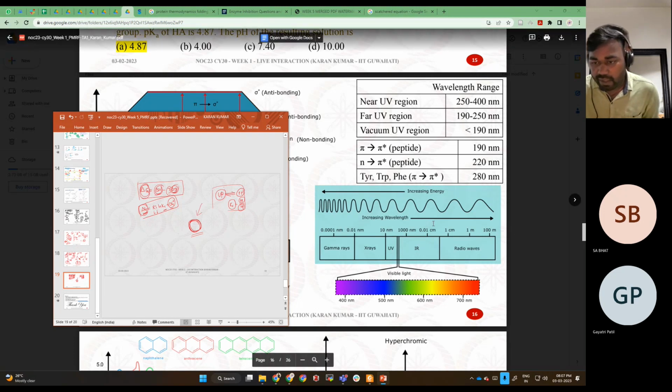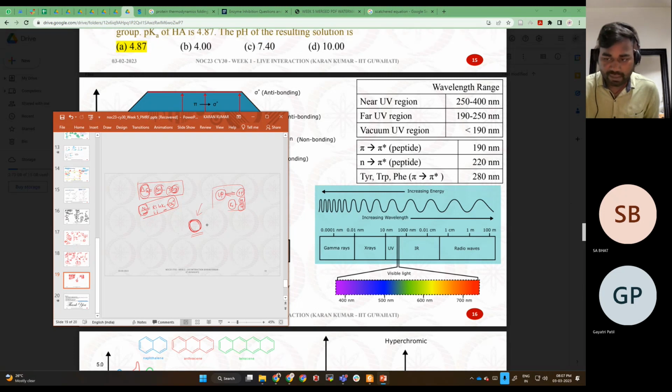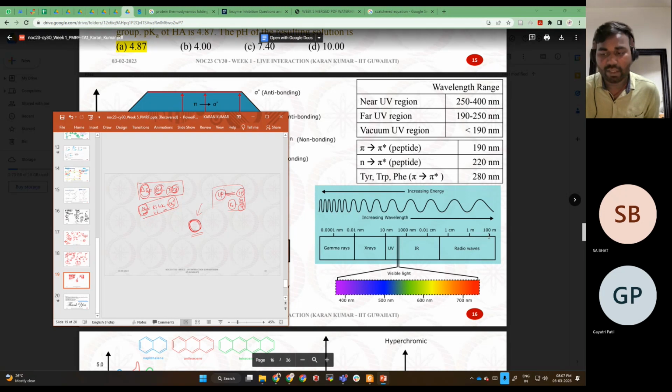Like, if you are in the higher range, which is the radio waves, these are much longer wavelengths, in the range of 1 centimeter to 100 nanometer, which can travel large distances.